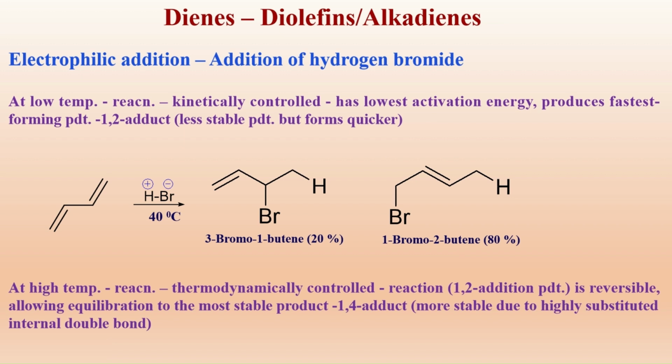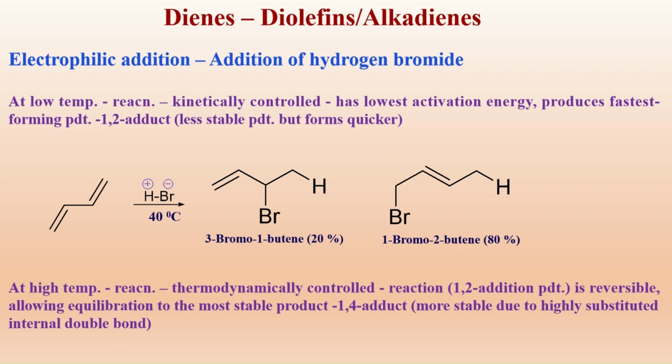Now you can appreciate the effect of the temperature on the reaction. At lower temperature, kinetics is less. The secondary carbocation conversion to the allylic carbocation is lesser. At that time, the bromide ion attacks on the secondary carbocation and that will become the major product.